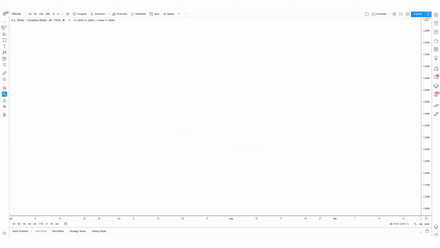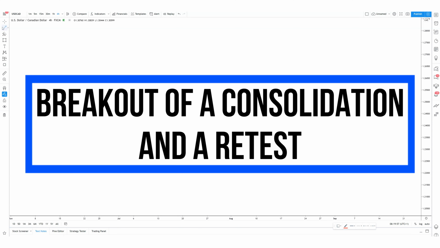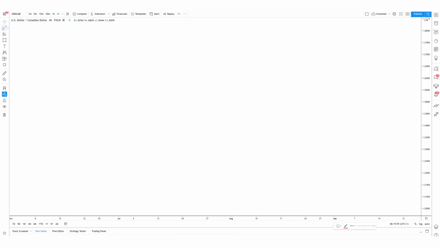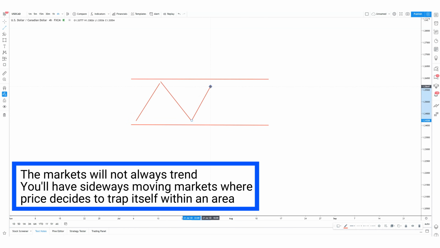Pattern number 2 is what I personally like to call a breakout of a consolidation and a retest. Now, this happens often in the markets, and what you will find is that the markets will not always trend. You'll have sideways moving markets where price decides to trap itself within an area.